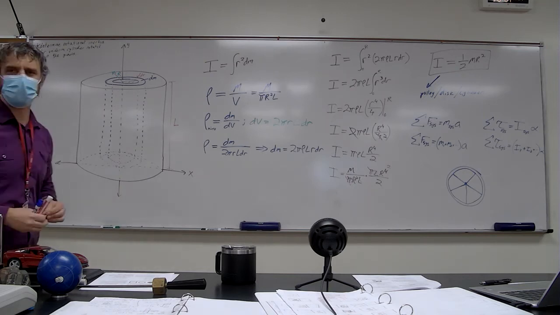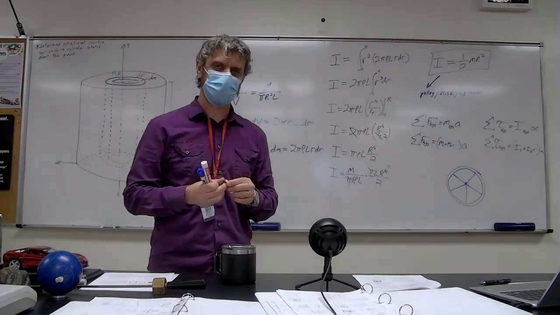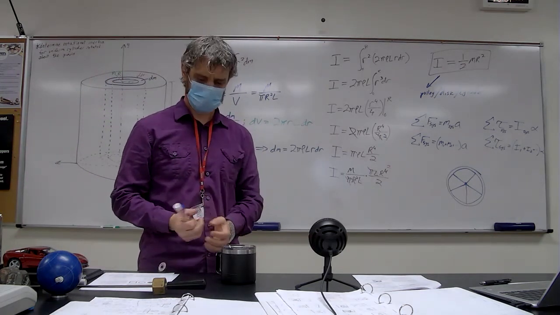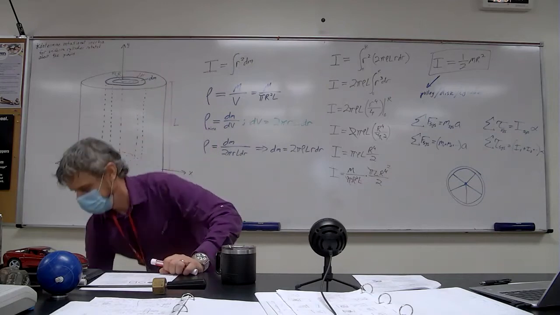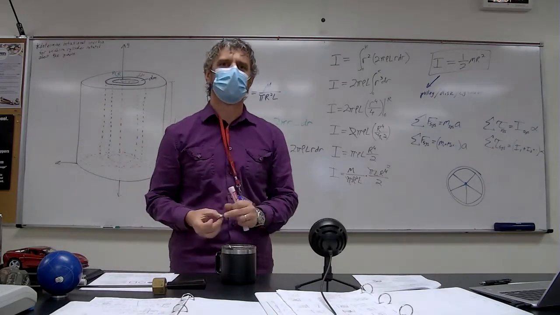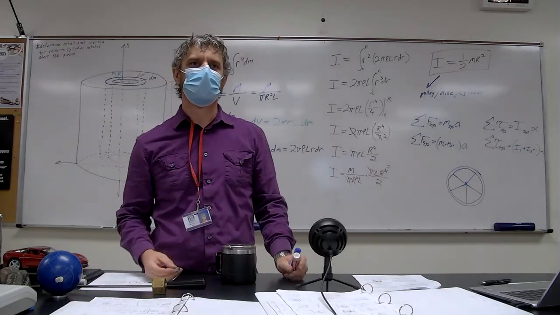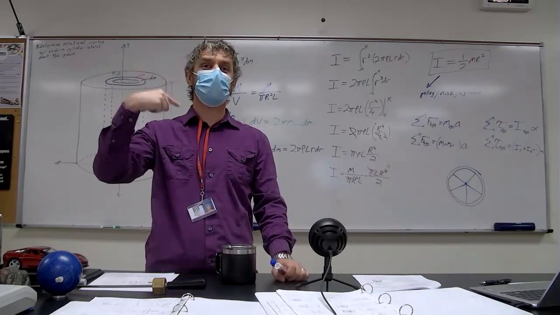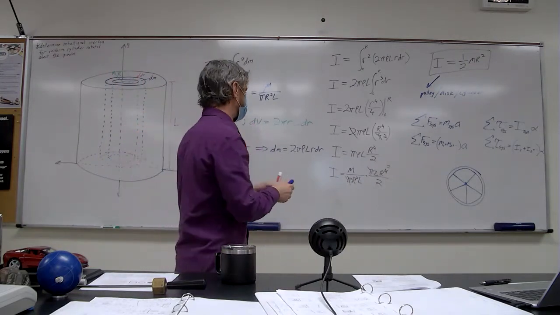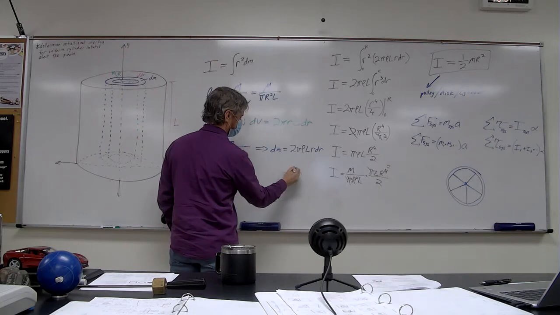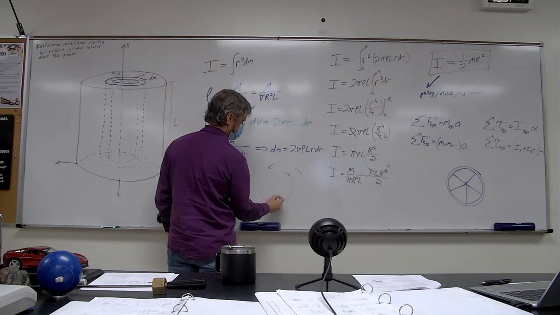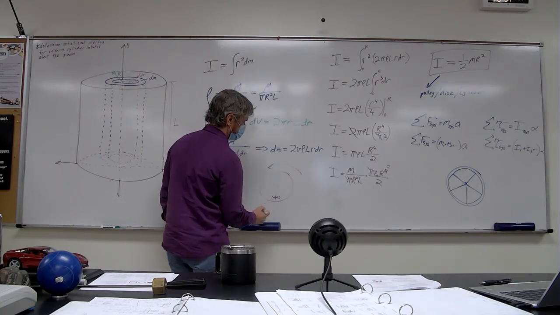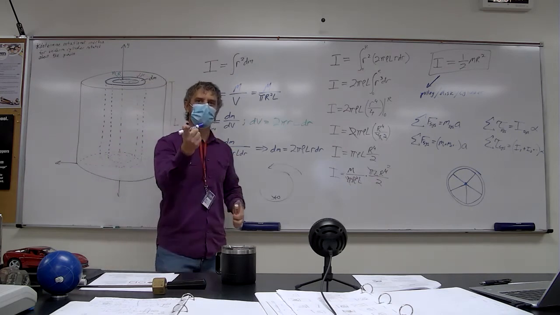If you were in the reference frame of that object, wouldn't it appear that the center is rotating? Like if this thing was rotating like this and you were inside of it? Yes. And so what's your question specifically?